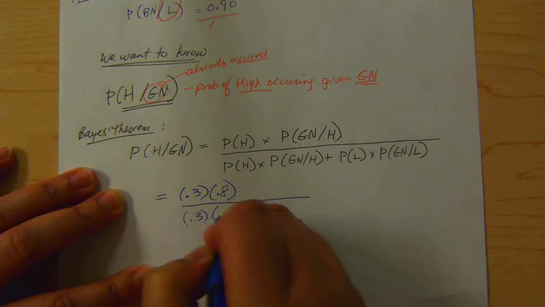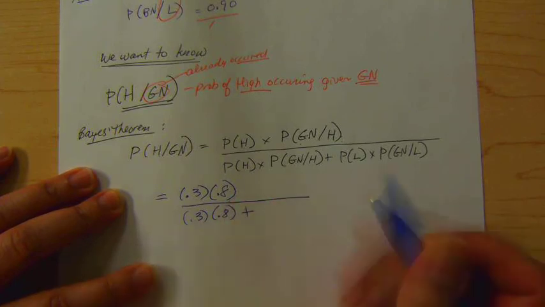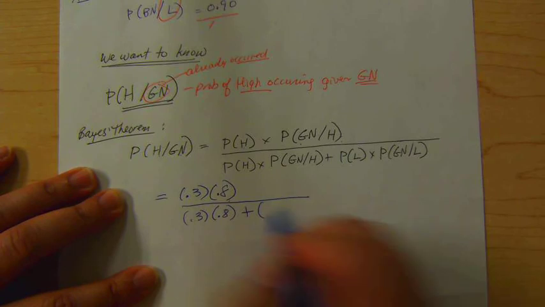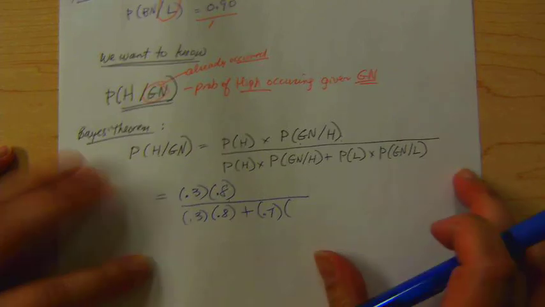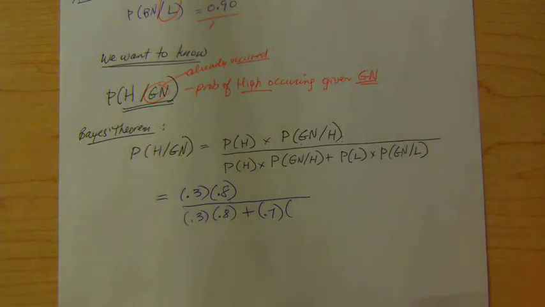0.3 times 0.8 plus probability of low, which is 0.7, times the probability that we have good news given low performing in the future.